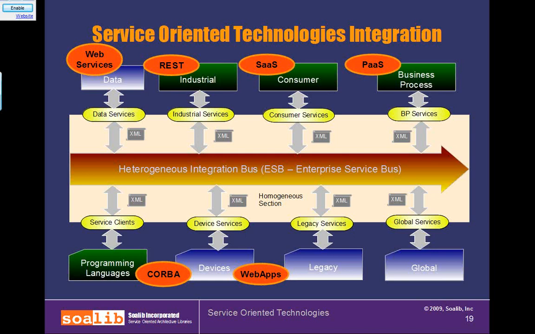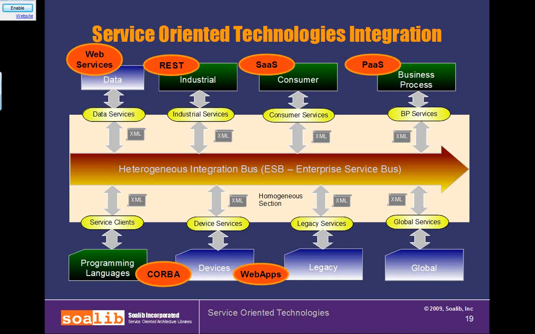They can all interact with XML as the protocol and XML as the data format. And here you can see the middle arrow is the enterprise service bus, which we discussed, that imaginary bus, the imaginary line in the cloud. This is the line I was talking about.